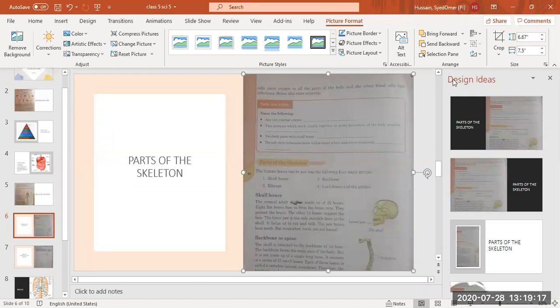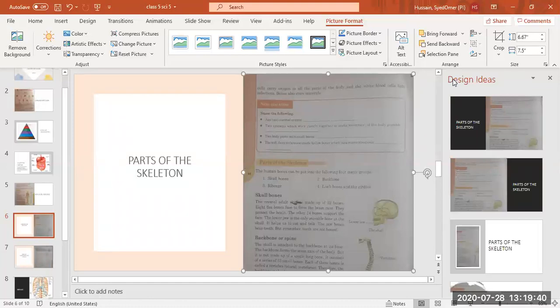Ibra, you can tell me. Teacher, muscular system. Muscular system as well as what we are studying now? Skeletal system.